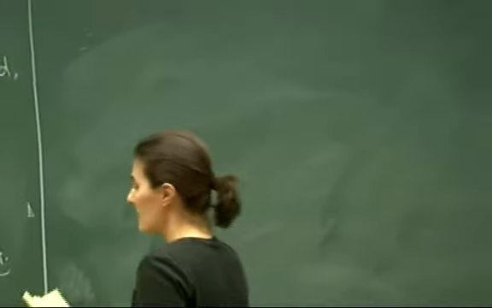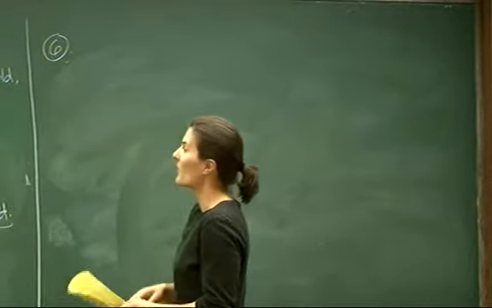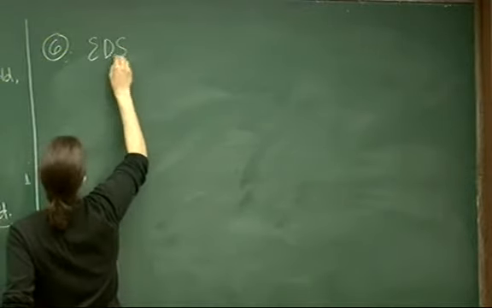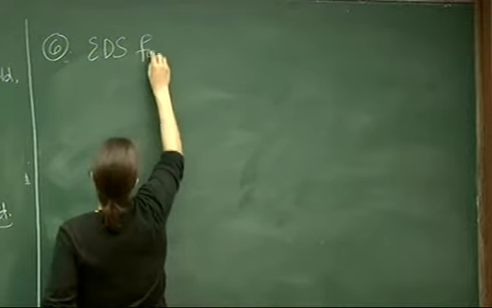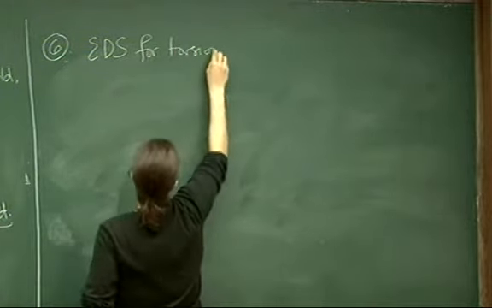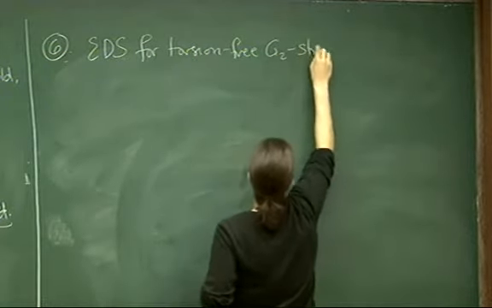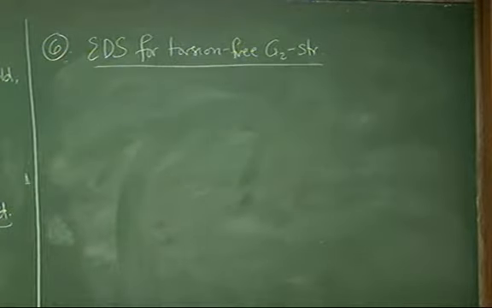So let me tell you a little bit now about the EDS we solve to produce this embedding. The EDS for torsion-free G2 structure. It turns out that the difficult part in this theorem is not getting the embedding to be associative.